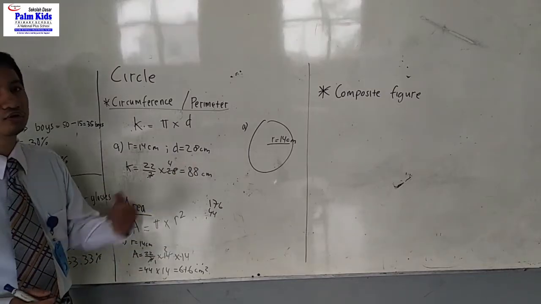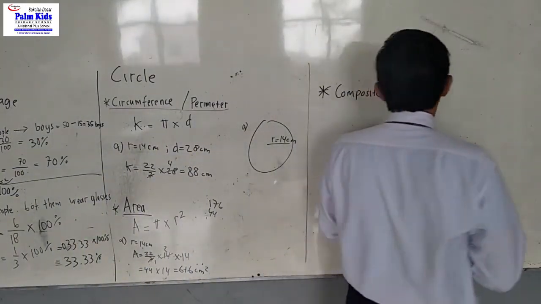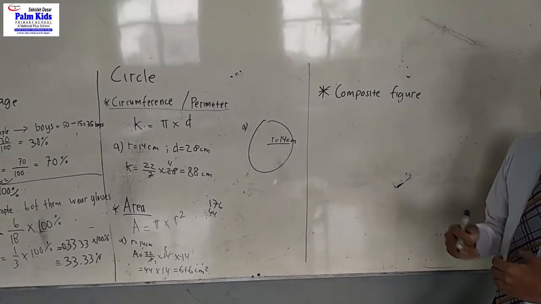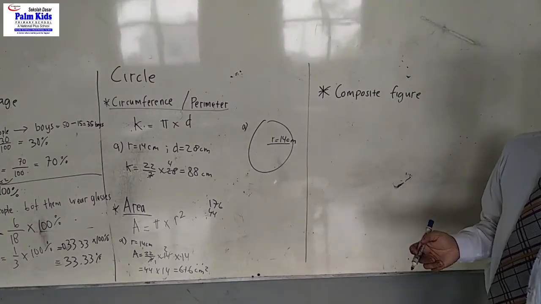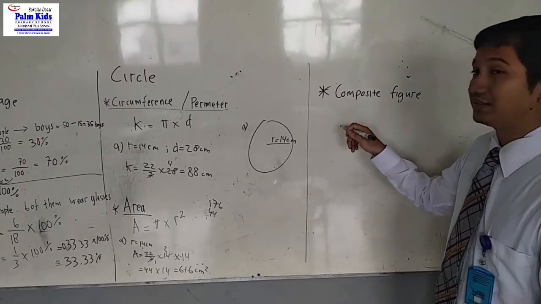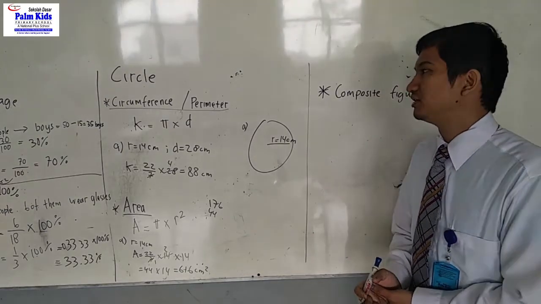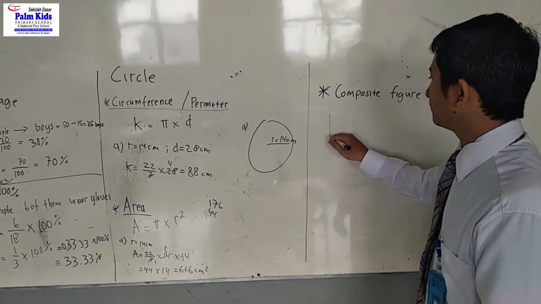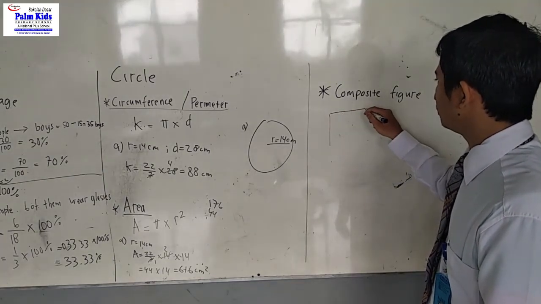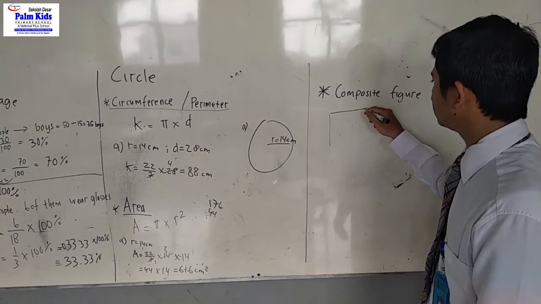Okay, now you go to composite figures, where the shape is kind of confusing. But it's actually quite easy as long as you know how to differentiate how many shapes there are. There can be 2 types, where you add them.